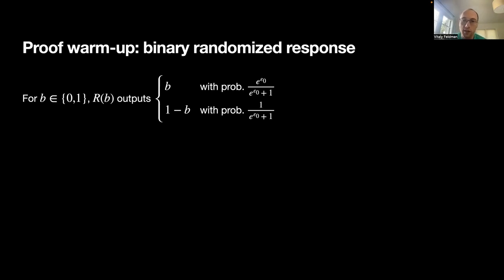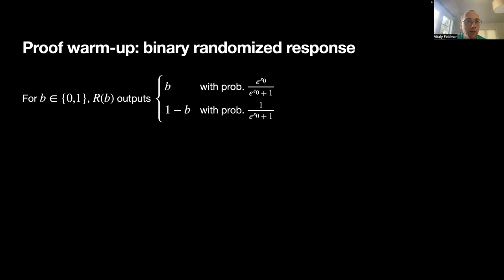And it's easy to see that it's epsilon 0 private. And again, because it outputs either 0 or 1 and then permutes randomly the outputs, it's easy to see that the distribution of the outputs is fully determined by the number of, say, ones in the output because of the symmetry.